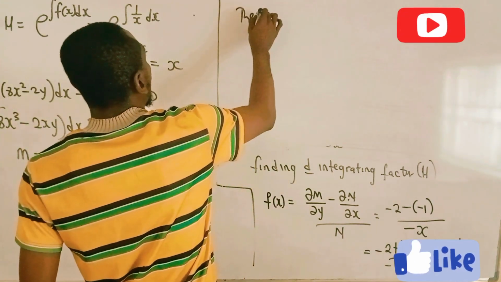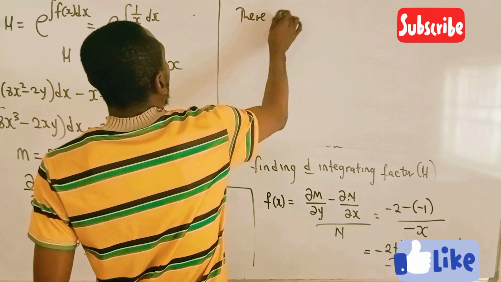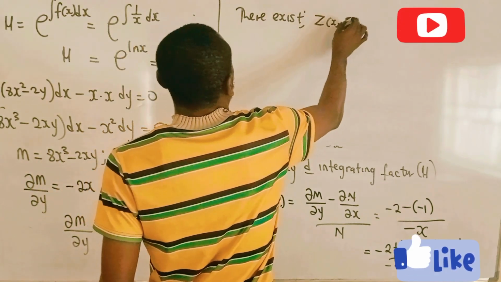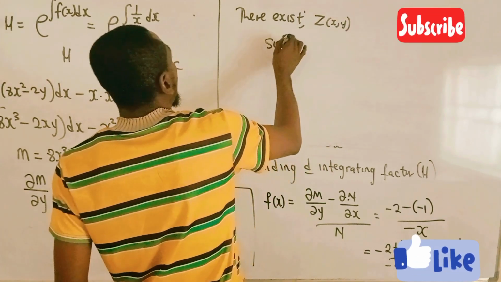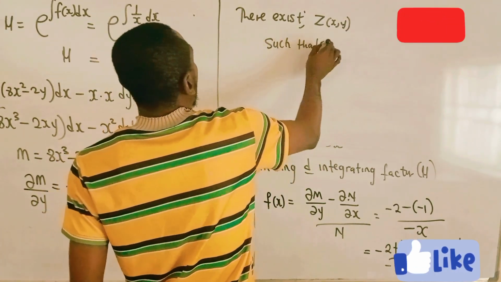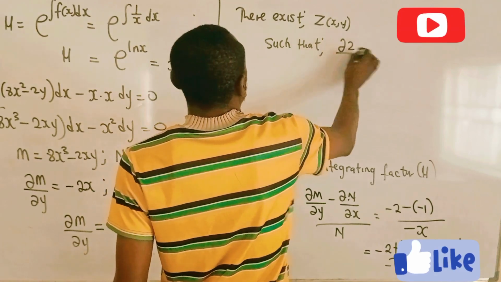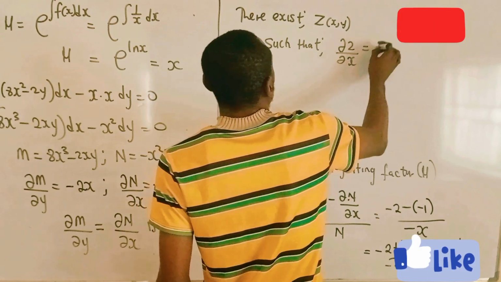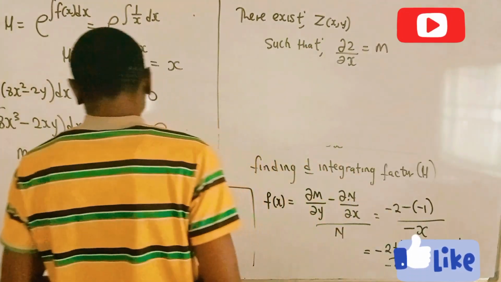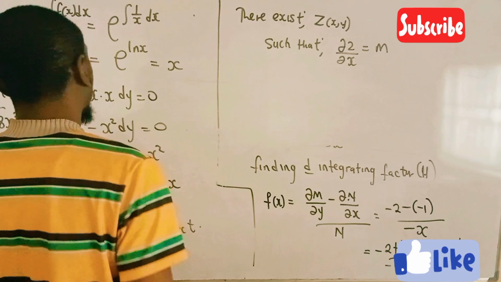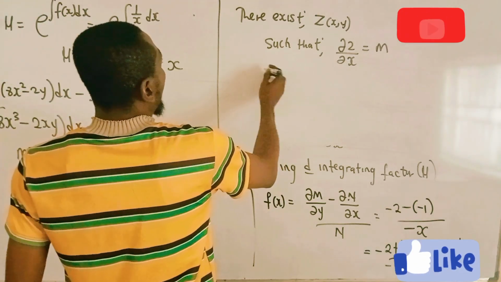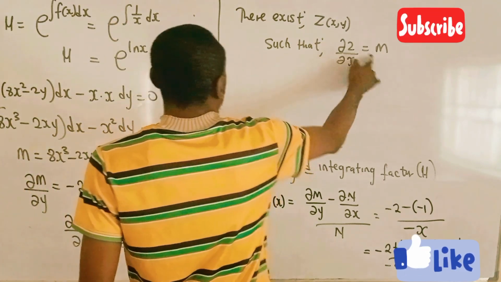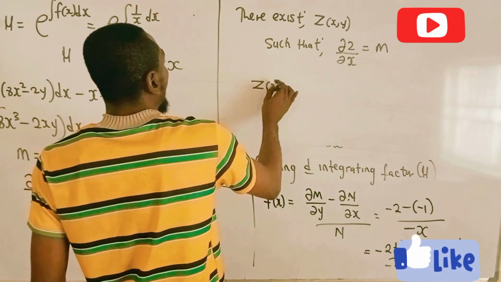There exists a function z of x comma y such that the partial differentiation of z with respect to x is equal to m. So we integrate both sides to give us the function z of x comma y.